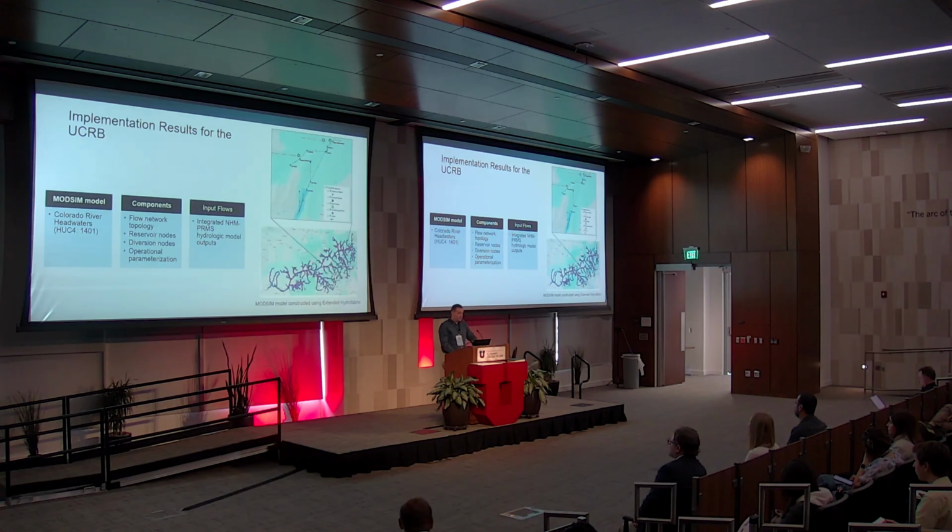This first demonstrates that we can use the extended hydrofabric to construct an operational water management model. And second, and importantly, because we inherited the reference hydrofabric, we can easily couple this with the national scale hydrologic model.